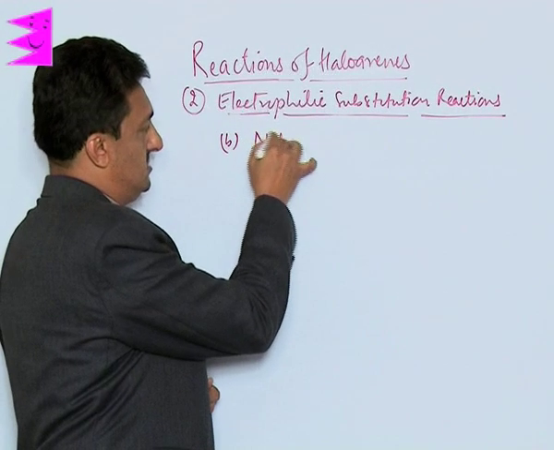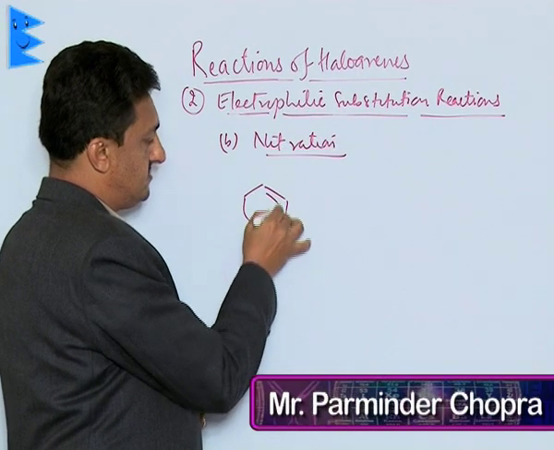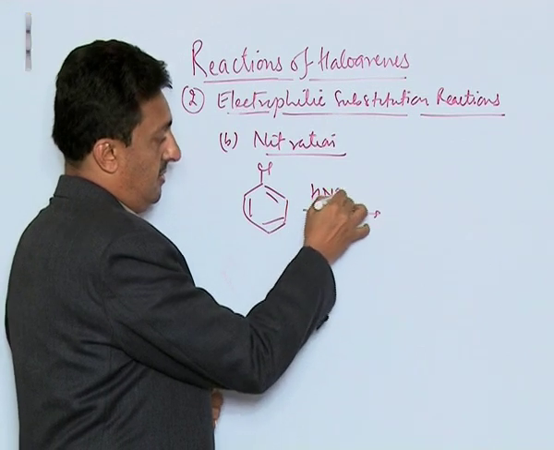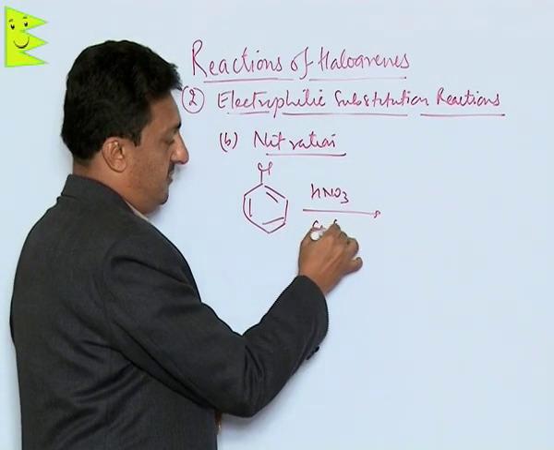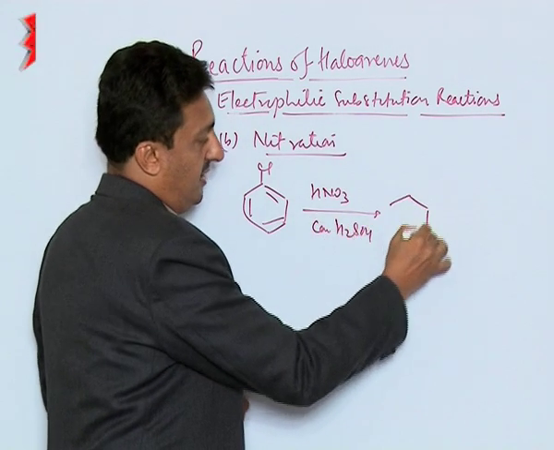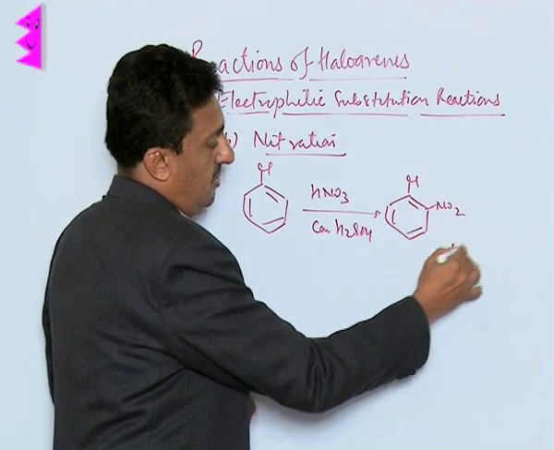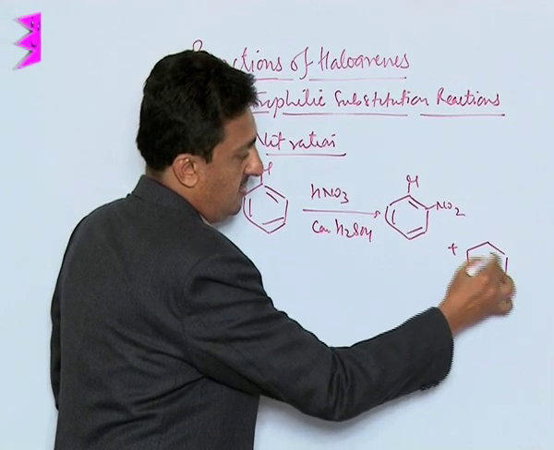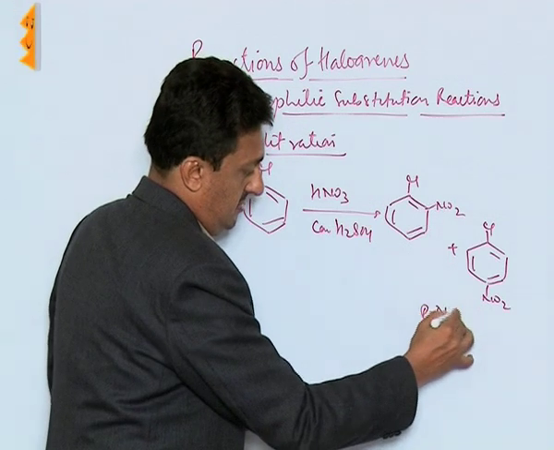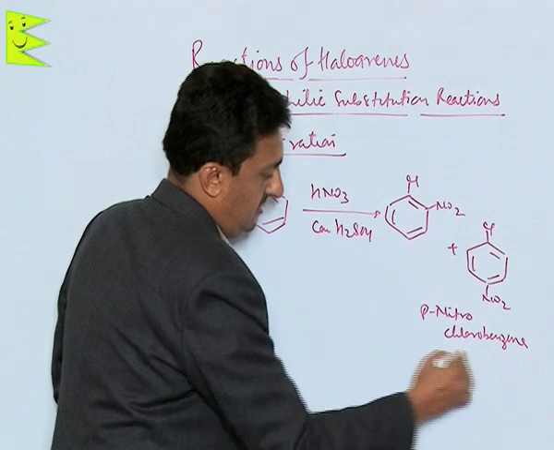Now in nitration, we use a nitrating mixture. So when chlorobenzene is treated with nitric acid in presence of concentrated sulfuric acid, what we get is ortho-nitrochlorobenzene as well as para-nitrochlorobenzene.